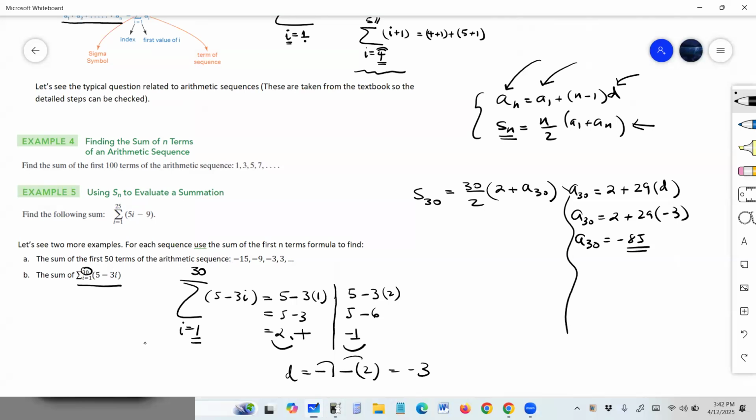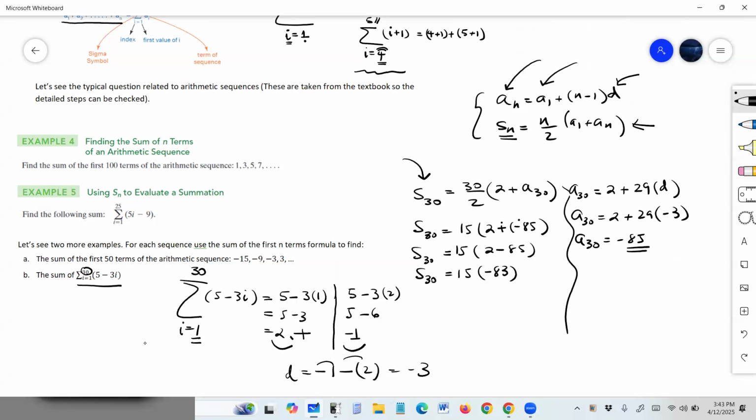And now that we have the last term, I go back to the summation formula. 30 over 2. A1 is 2 plus the negative 85. So this is 15. 2 minus 85, negative 83.